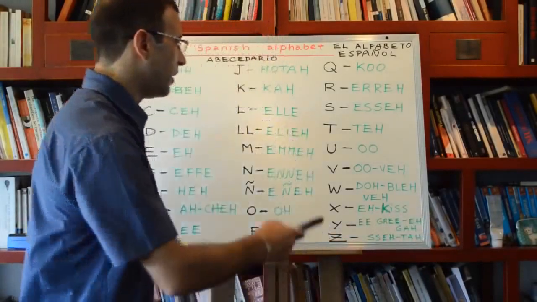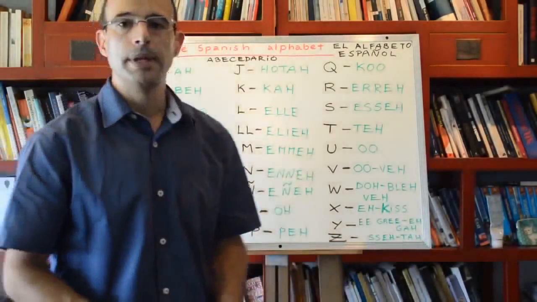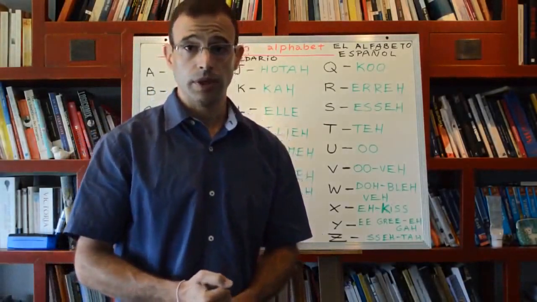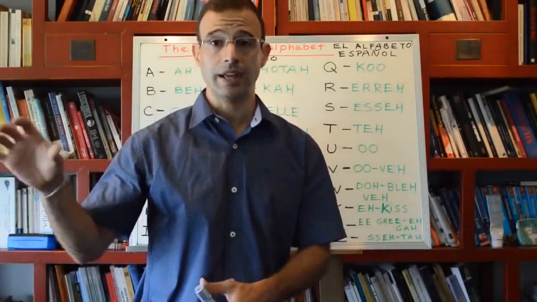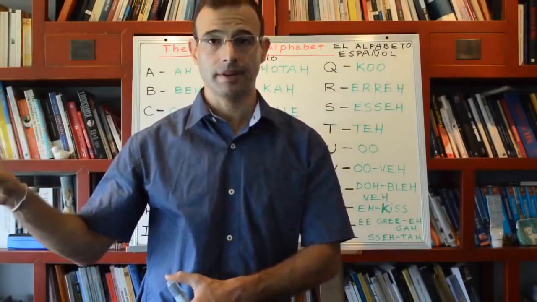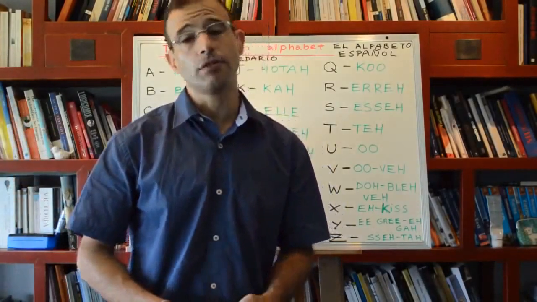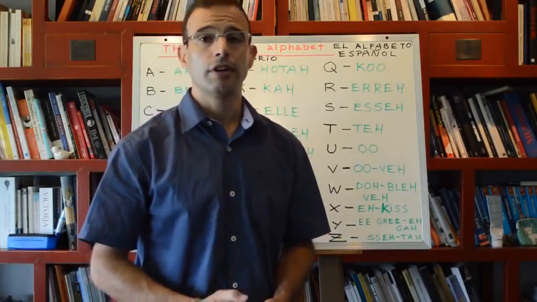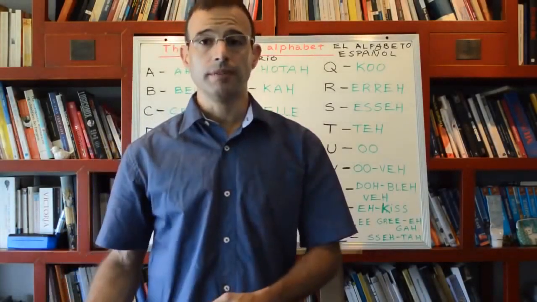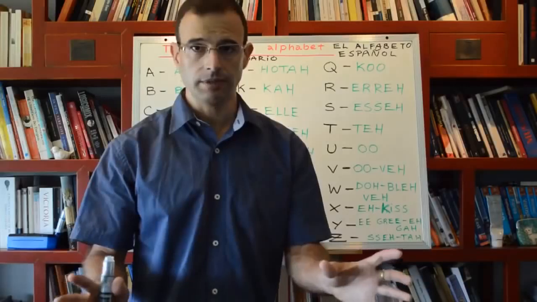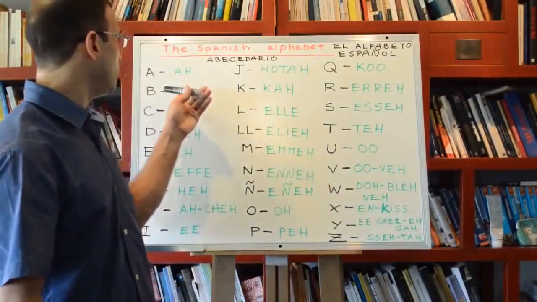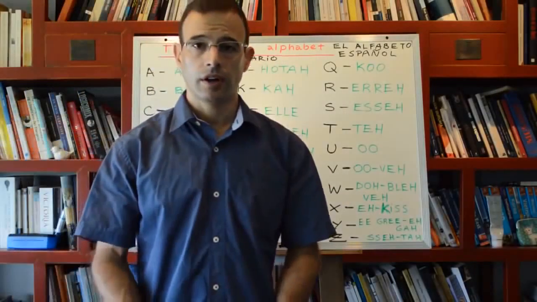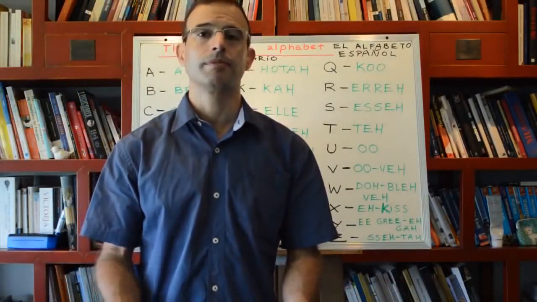So the letter V began to be called uve, so as not to mistake it for B. Okay? And unfortunately, for many years already, officially the sound of V and B are the same.